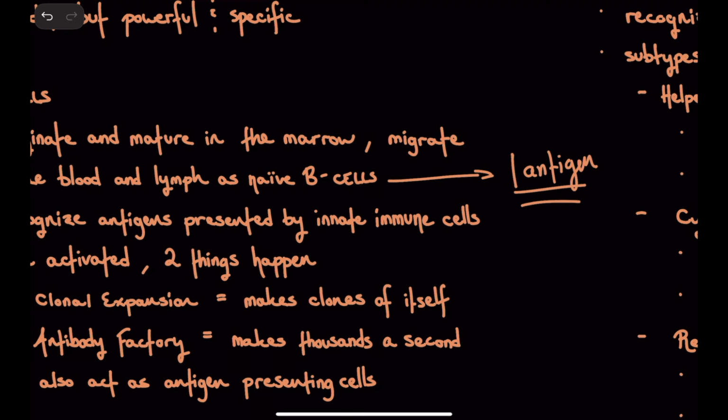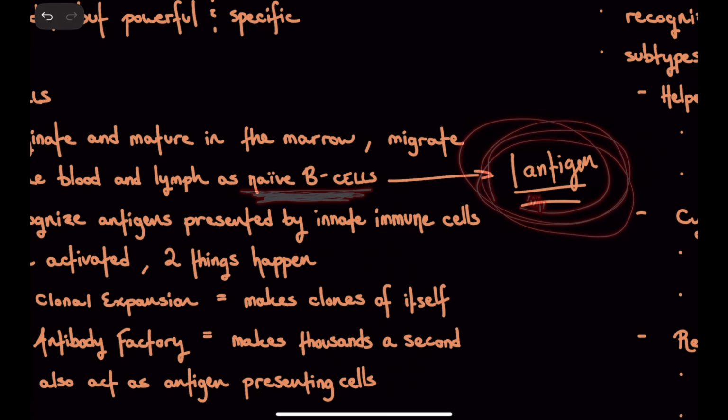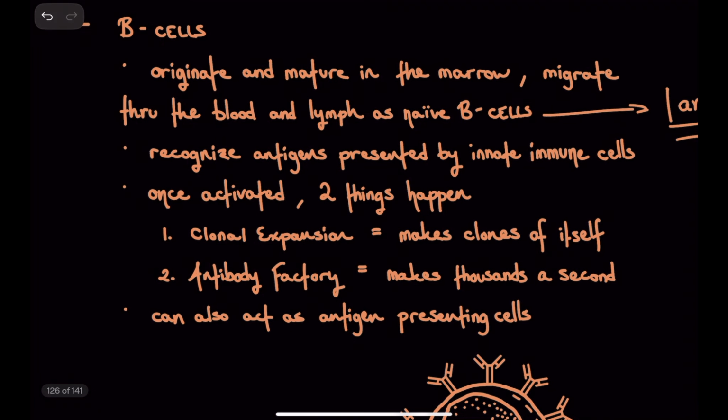That's how specific we're at. Just one string of amino acids or carbohydrates. It has one signature that it is going after. One antigen. Until it finds that one antigen, we're going to call it naive because it hasn't found its soulmate or its soul enemy. So they recognize antigens presented by those innate immune cells, those APCs.